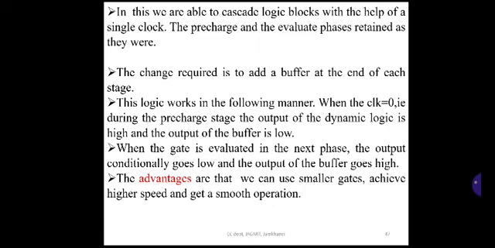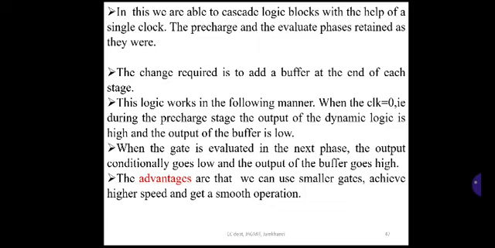There was a problem of cascading in a single dynamic CMOS logic, which is overcome by including a static inverter at each stage of the dynamic CMOS logic, which makes it CMOS domino logic. This logic works in the following manner: when the clock is equal to 0, that is during the precharge stage, the output of the dynamic logic is high and the output of the buffer is low.